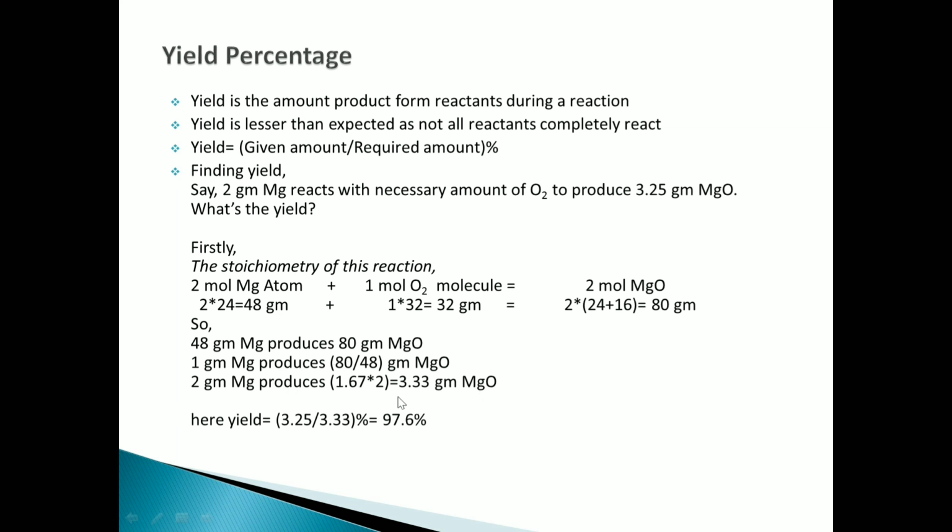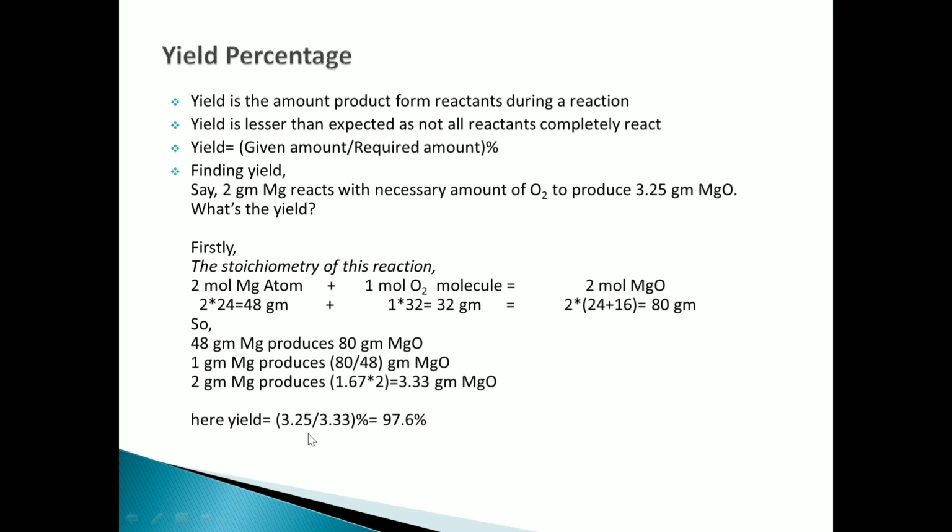Here we can see that 3.33 gram is the hypothetically expected amount of product, but in reality it produces 3.25 gram. Therefore, the formula for yield: the given amount, which is 3.25 gram, over the expected hypothetical amount, 3.33 gram.